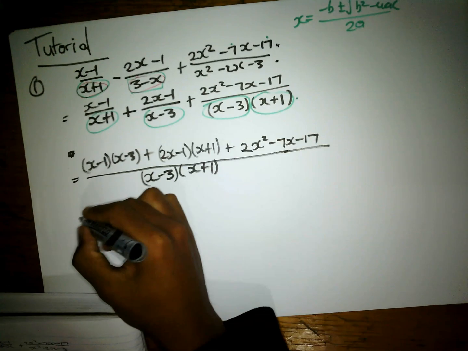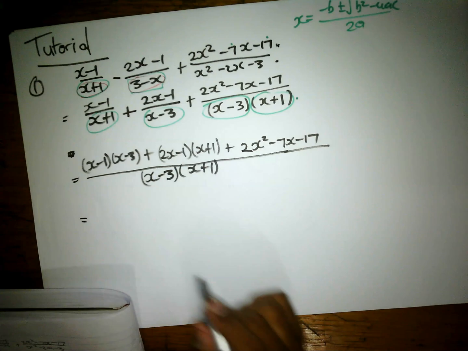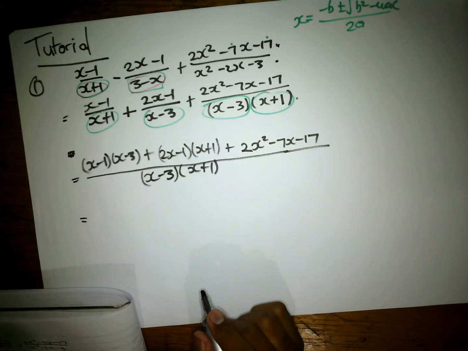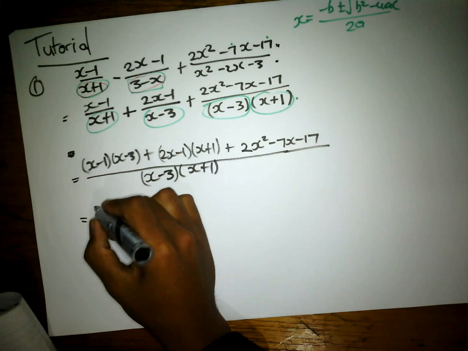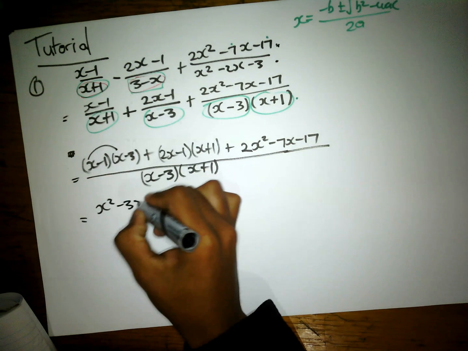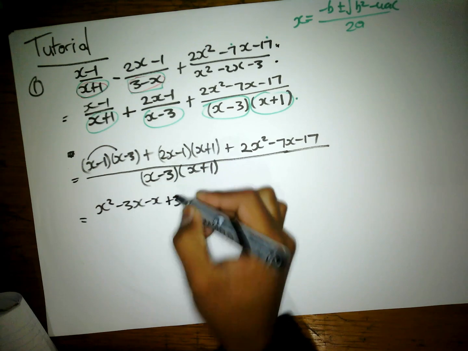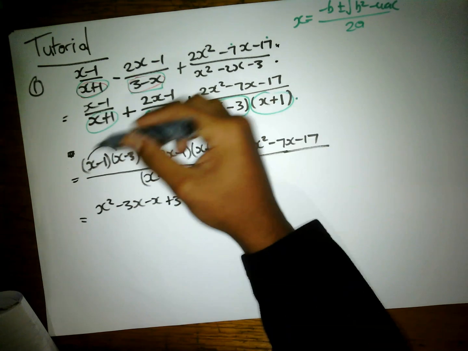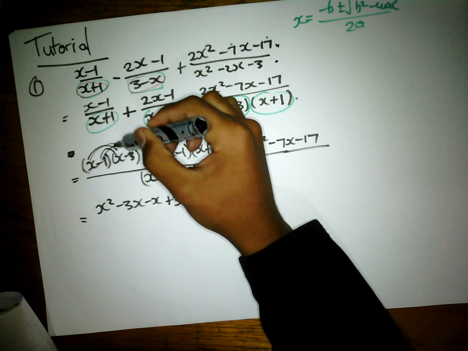Now what we do is multiply out the brackets, multiply out everything. We are simplifying. So we get x squared minus 3x minus x plus 3.